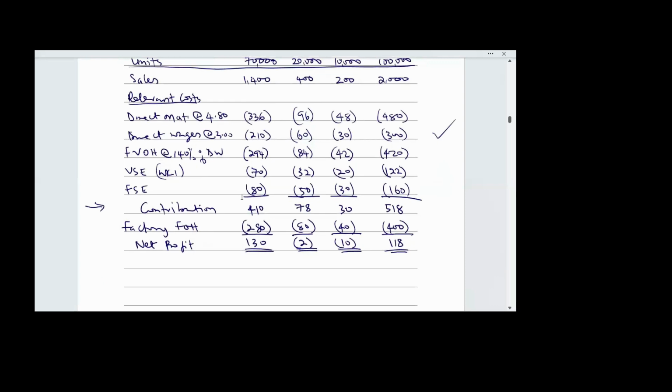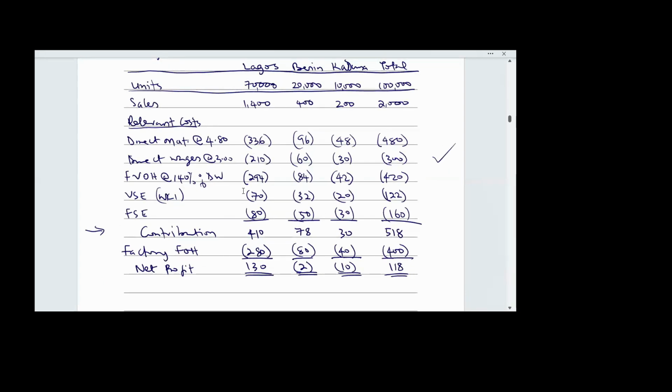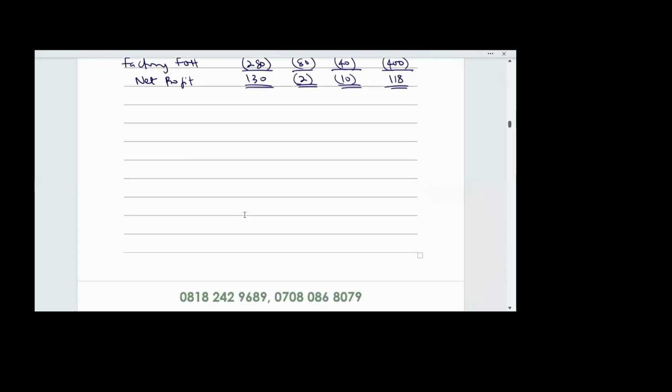The sales value for Lagos is 1,400, then 400, 200, then 2,000. Relevant costs of each depot.